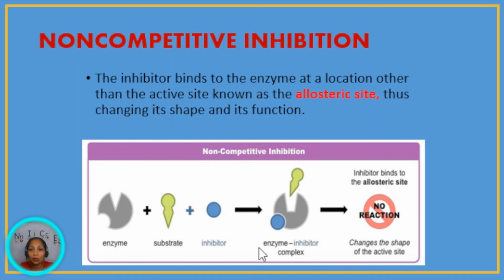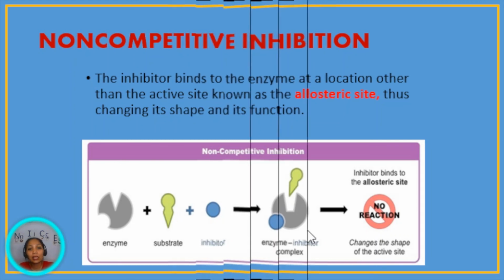This is called the allosteric site. Thus it changes the shape of the enzyme and its function, so it can no longer bind the substrate.